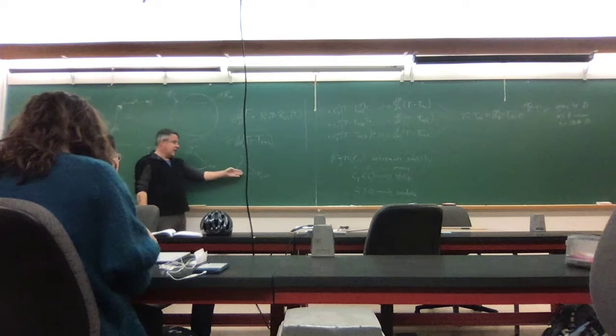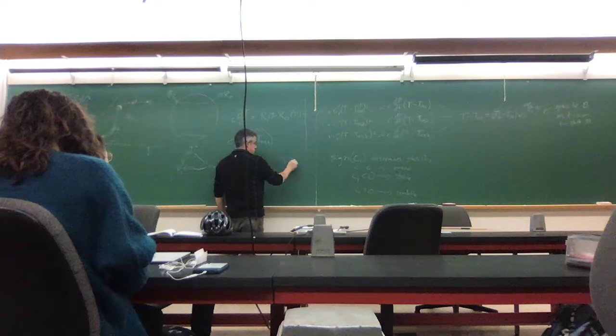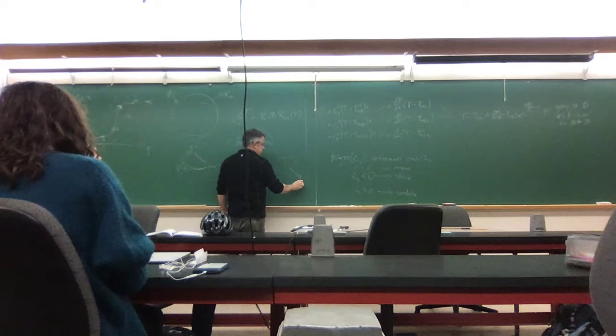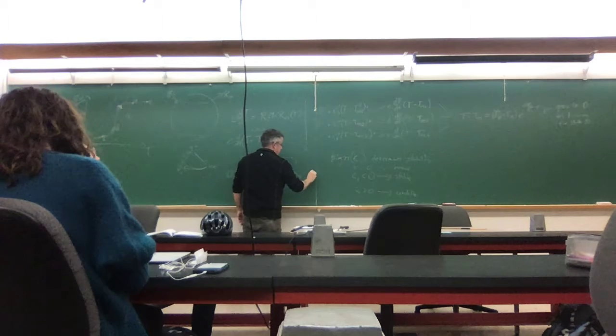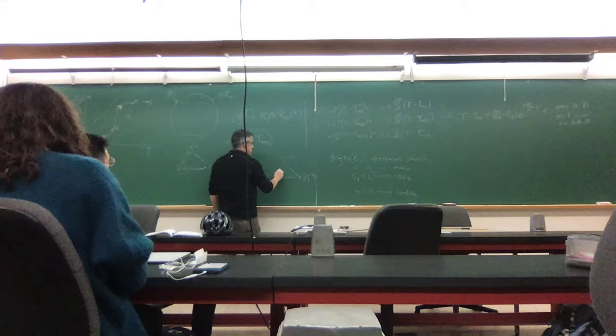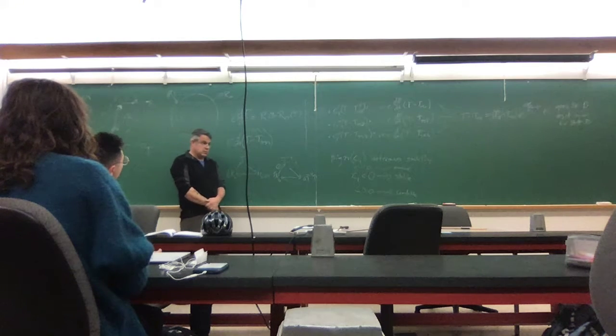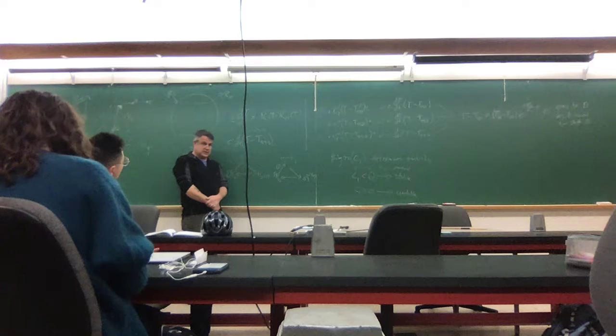And then there's also a negative feedback: the temperature goes up, then sigma T to the fourth goes up, which makes the outgoing radiation go up, which makes the temperature go down. So it's the opposite, a negative feedback on that branch. Does that make sense to everybody?